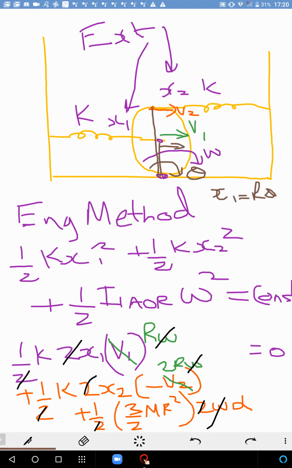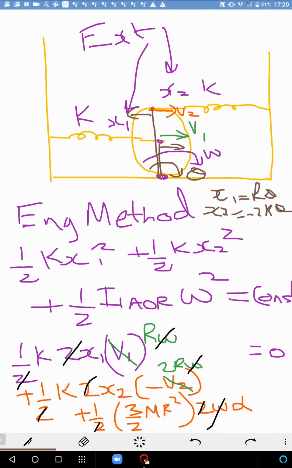x2 was again an extension. Yeah, so x2 is towards the left. तो x2 हो जाएगा -2r theta. ठीक है, तो फिर वो सब्स्टिट्यूट करना पड़ेगा.